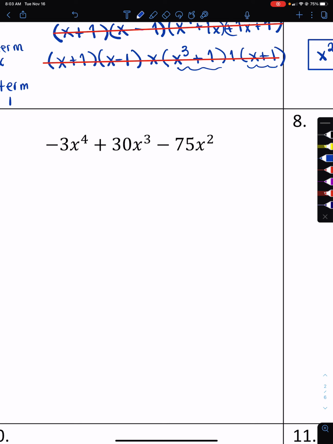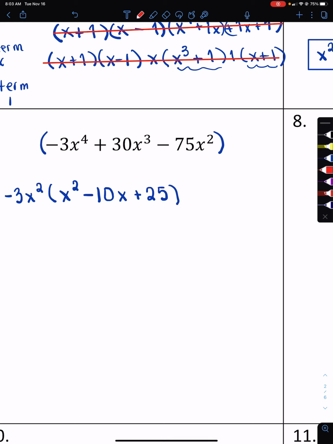Number 7. Same thing on this one. I'm going to get you started. First thing you need to do is look for a GCF. They can all be divided by negative 3, and they all have at least x squared. So then you would be left with x squared, now it's going to be a negative 10 because we factored out a negative 3, and it's going to be a positive 25.